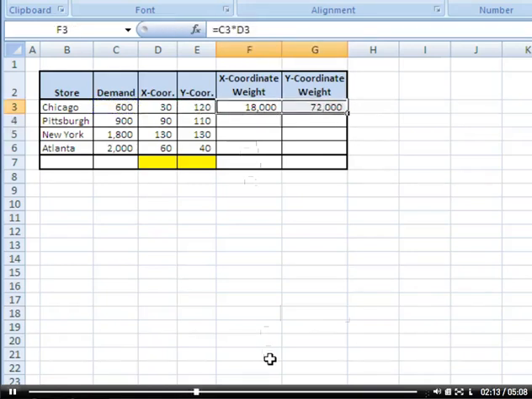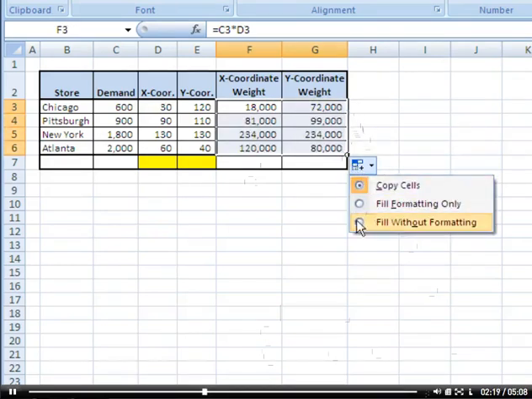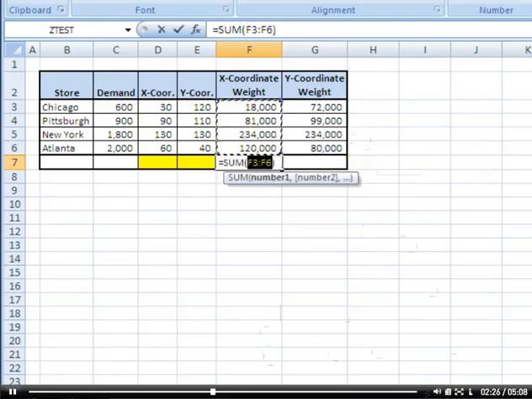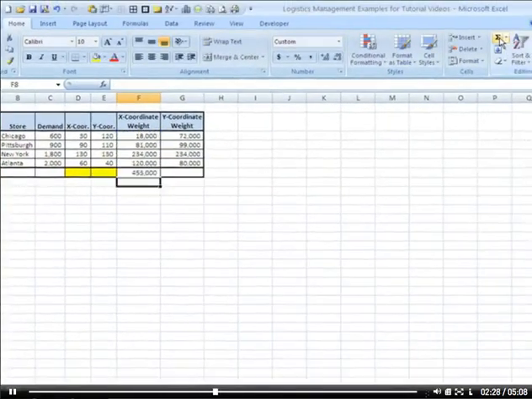With these 2 formulas, we can copy them down, and it'll give us the weighted XY coordinates for each location. And then from there, we sum the X coordinate weights and the Y coordinate weights, and we also sum the demand.